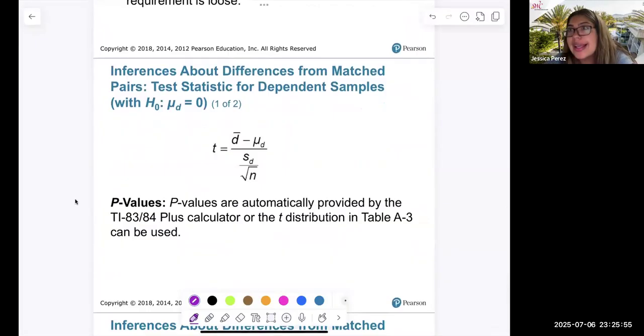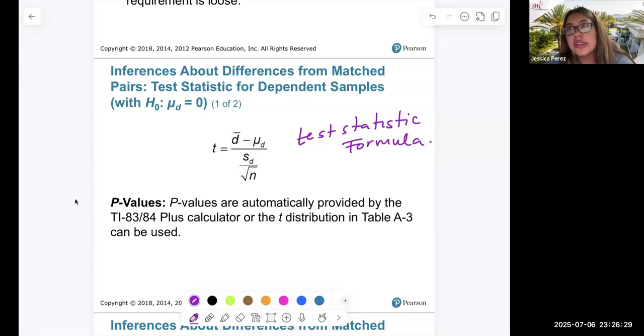Now, this method of matched pairs has a test statistic that's represented by the sample mean difference minus the population mean difference, divided by the standard deviation of the differences over the square root of n. This is going to be the test statistic formula. Again, you don't have to do this by hand.